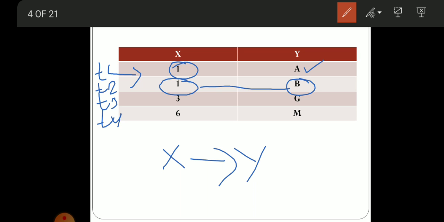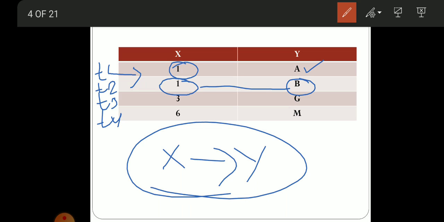Means we are getting a different value of Y on the same value of X. So that is not correct. Right? We can say that this is not a correct functional dependency, or that Y is not functionally dependent on X. Why? Because of these values.